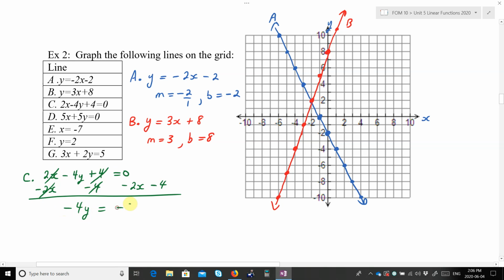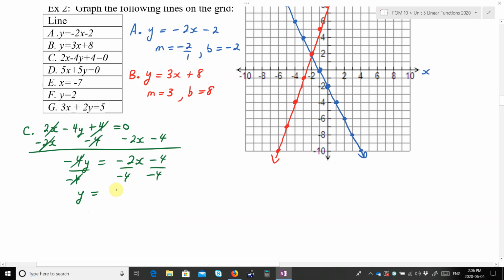Negative 4y equals negative 2x minus 4. Divide both sides by negative 4. And we end up getting y equals negative 2 over negative 4 is 1/2 in lowest terms, and plus 1. So there's the slope and there's the y-intercept.